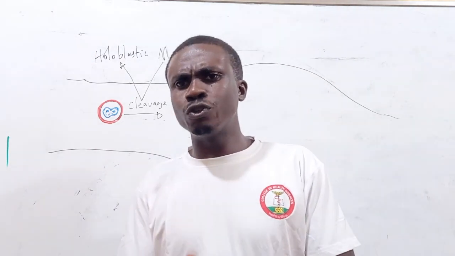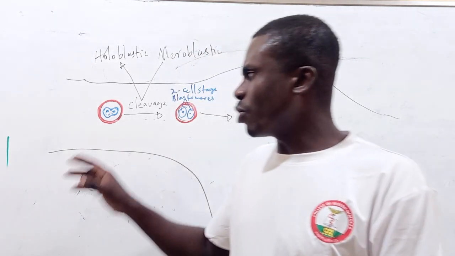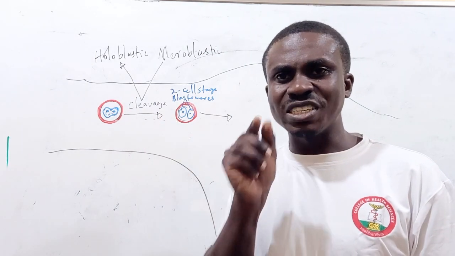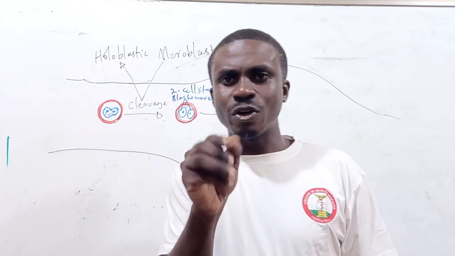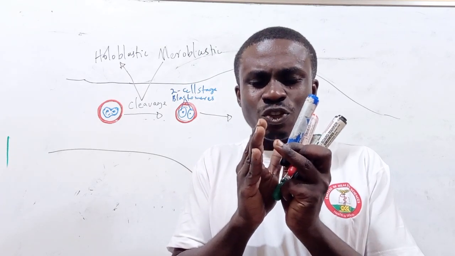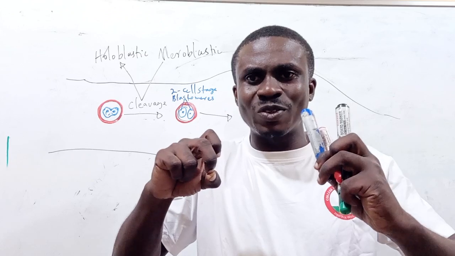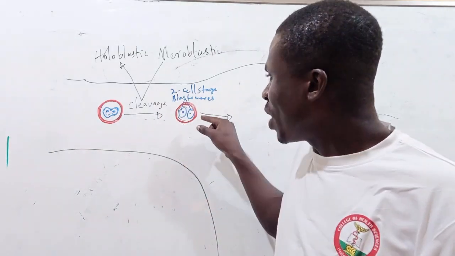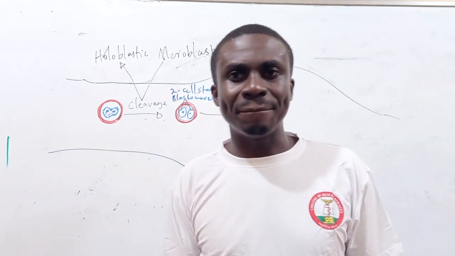Now, one thing I want you to be aware of is that the sort of division that we are seeing is not symmetrical. In other words, we don't get equal daughter cells, equal blastomeres. One usually will be larger than the other.